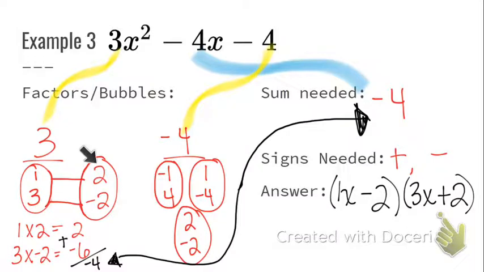That's the bubble that worked out for us, and you can see how I multiplied my bubbles and added them up to get that sum that I needed. Last thing I had to do was put that into my parentheses, making sure I lined up my smiley face and my nose correctly. All right, that's it for today's practice video.